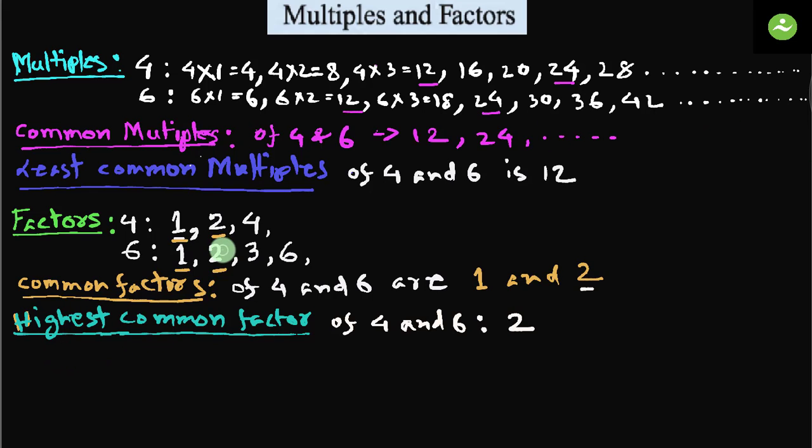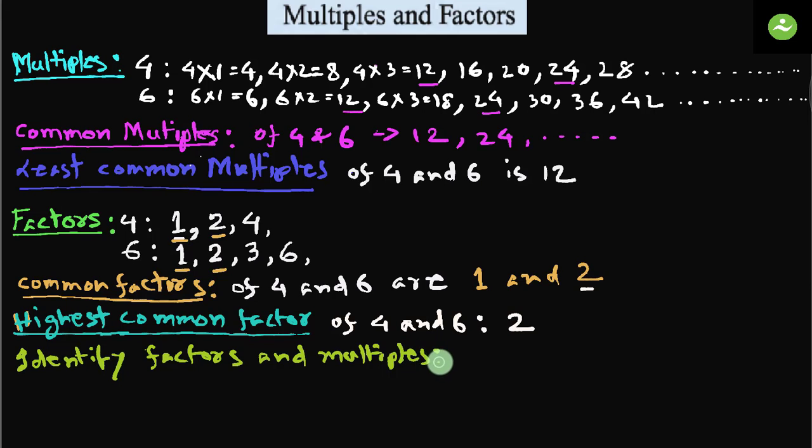For example, if there are two numbers, identify factors and multiples. How do you identify factors and multiples? Which is factor and which is multiple?